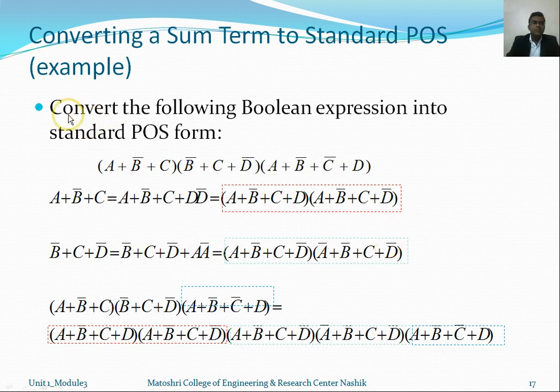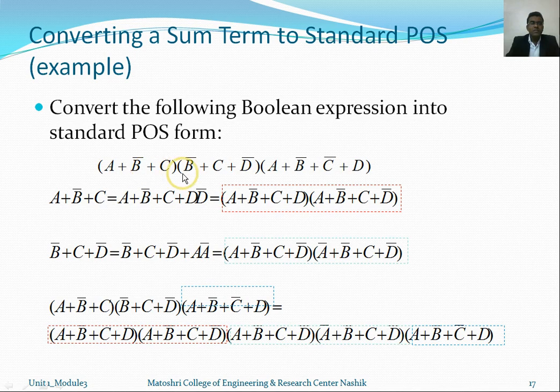Now see here: A ORed with B bar ORed with C. Here B bar, C and D bar are there, so you have to conclude that this expression has four variables. In the first sum term D is missing, and in the second sum term A is missing, while in the third sum term no variable is missing, all four variables are available.